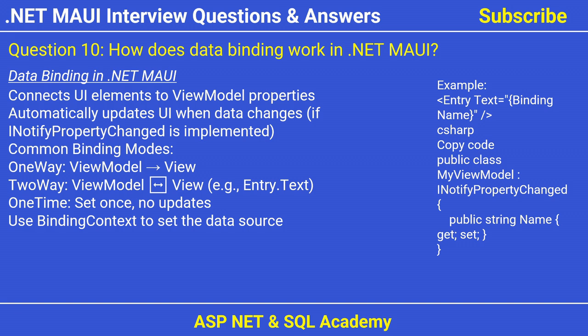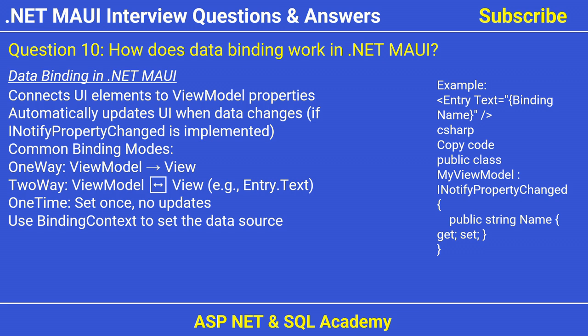Two-way allows changes in the UI to reflect back into the view model, commonly used for form fields like text entries. One-time, data is set once and does not update again. You set the binding source using the BindingContext.